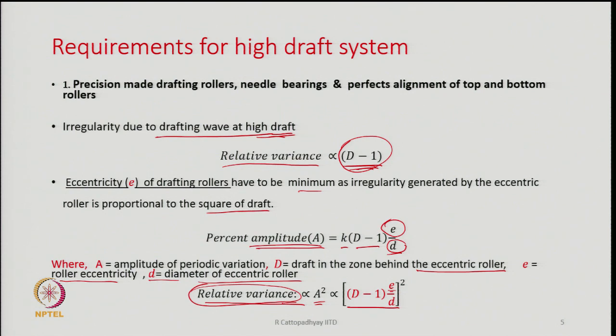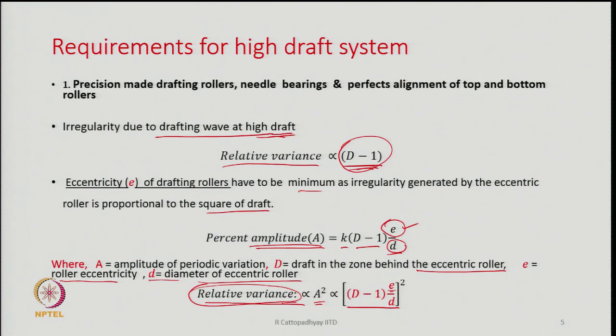And there the option that we have with us is the value of e, that is, the roller should not be eccentric, or the eccentricity of the roller should be much less in comparison to the kind of roller that we can have on ring spinning drafting system or roving frame drafting system.